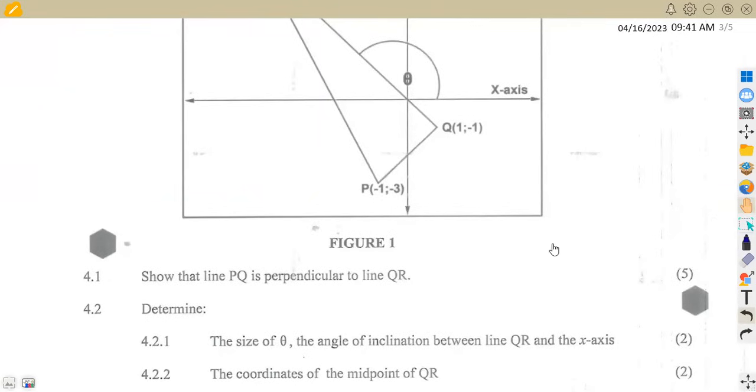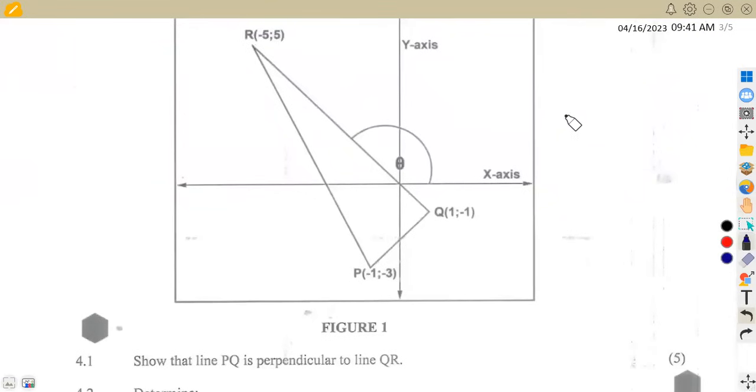For two lines to be perpendicular, if we are saying PQ is perpendicular to QR, it means the gradient of line PQ times the gradient of line QR should give us a negative 1. The product of the gradients is supposed to give us a negative 1. So this is how you can prove that these two lines are actually perpendicular to each other.